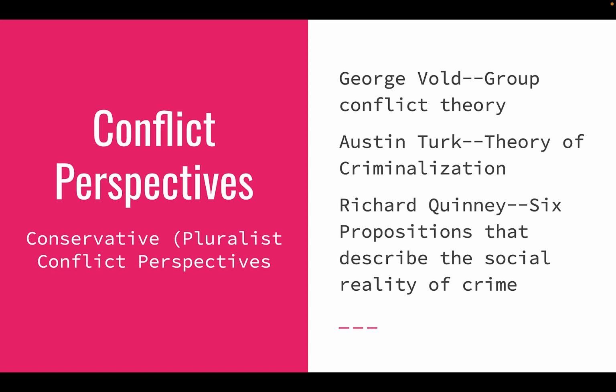Proposition 5 is the construction of criminal conceptions. So conceptions of crime are constructed and diffused in the segments of society by various means of communication. And last up is Proposition 6, the social reality of crime, which is constructed by the formulation and application of criminal definitions, the development of behavior patterns related to criminal definitions, and the construction of criminal conceptions.